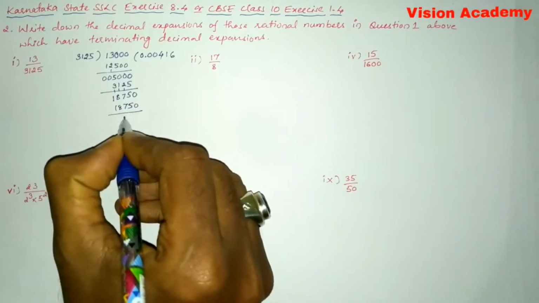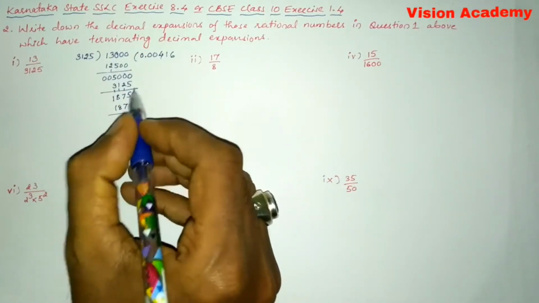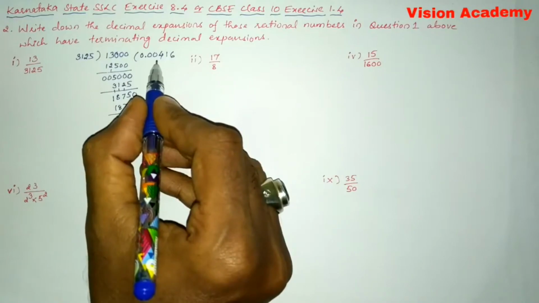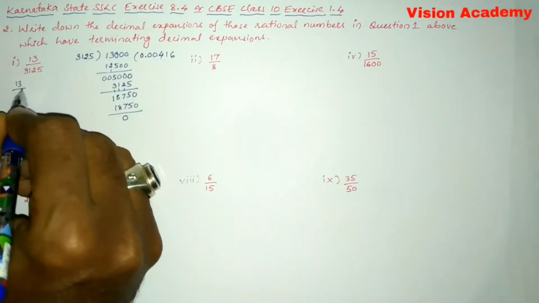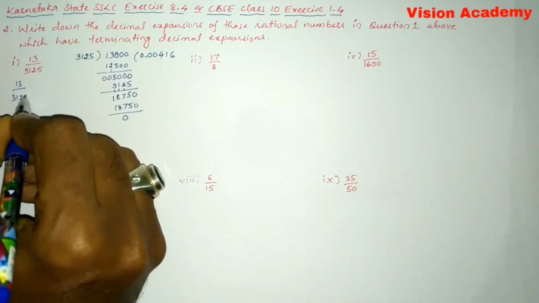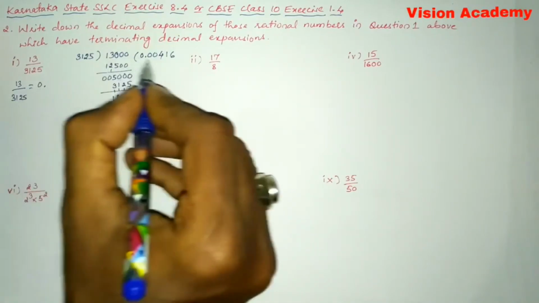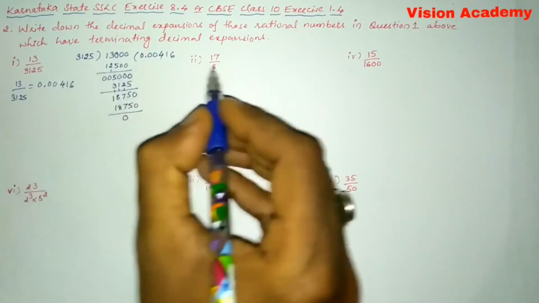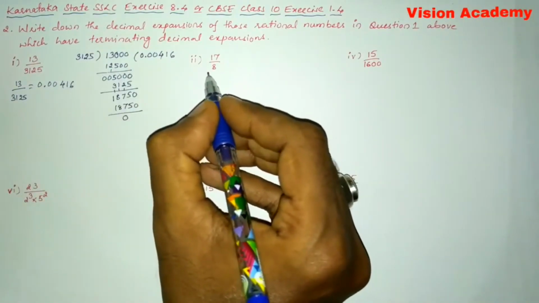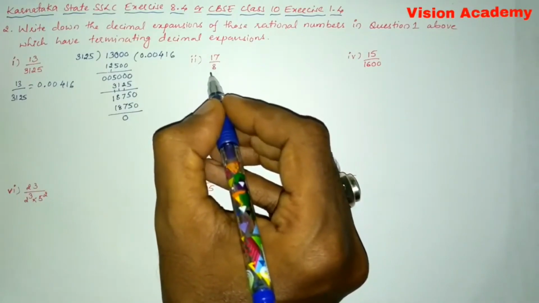So here the remainder will become 0. So this is the decimal fraction that we need to write. So here 13 divided by 3125 is equal to 0.00416.